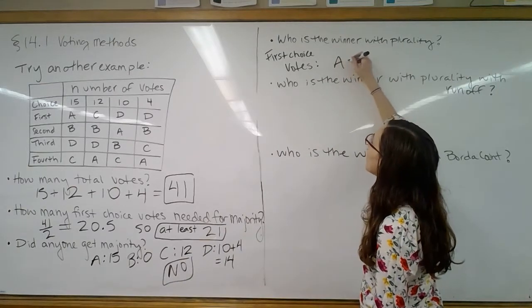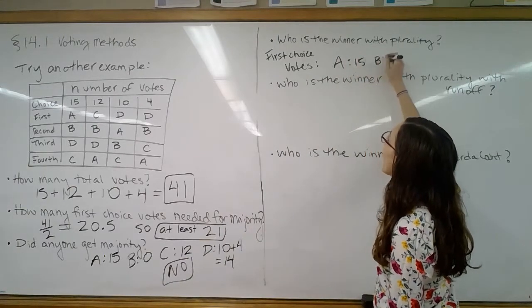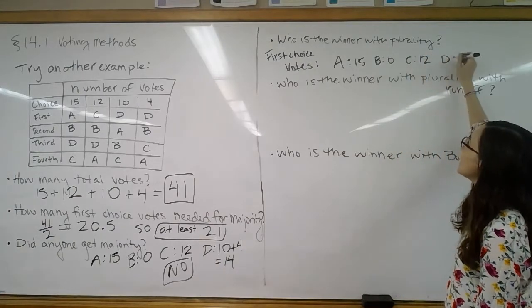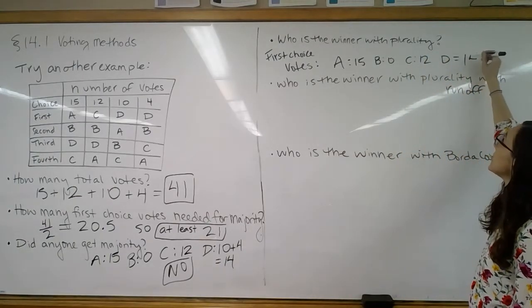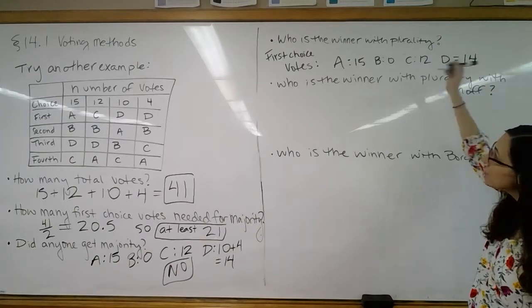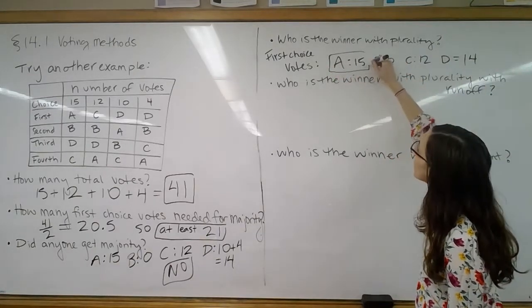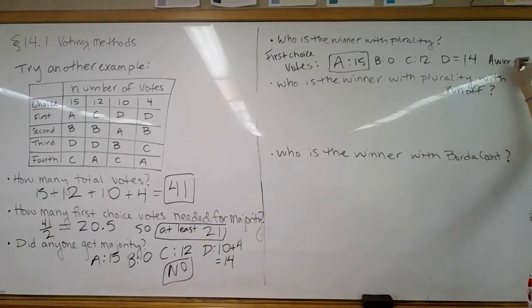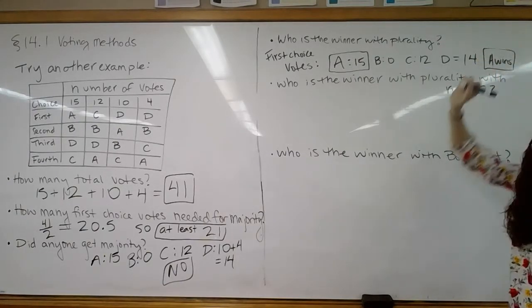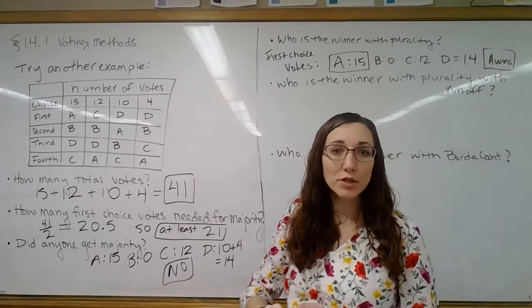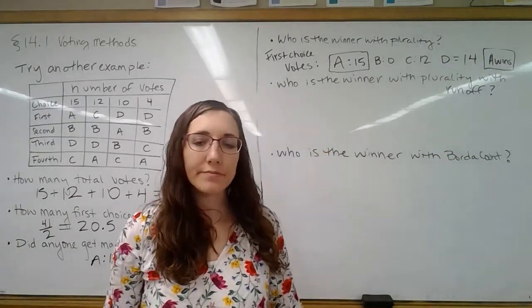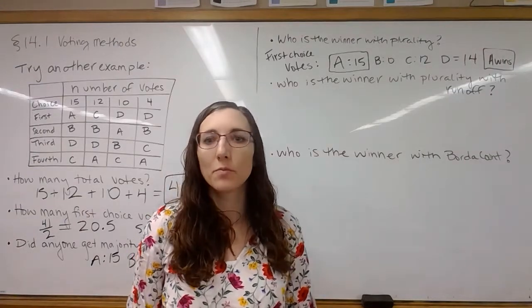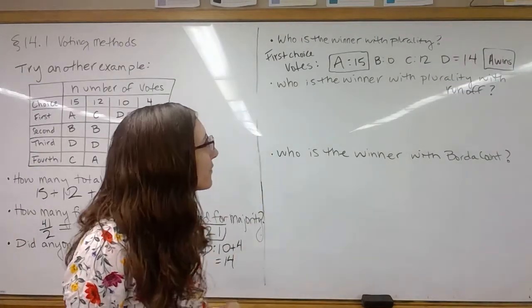A had 15, B had 0, C had 12, and D had a total of 14. So who has the most? It would be A. So A wins, because they have the most first choice votes. Pretty quick and simple, but maybe we're not sure if A is actually preferred by everybody.